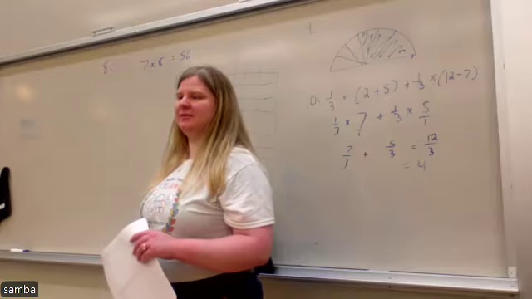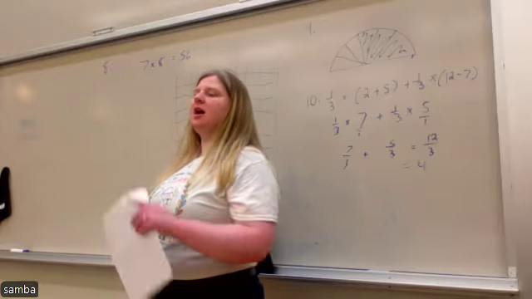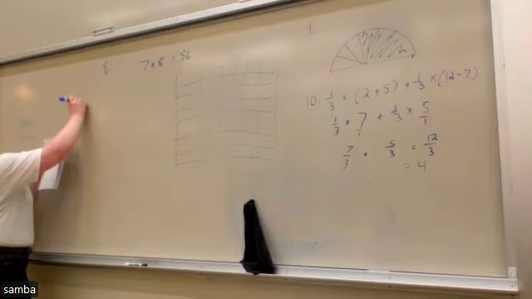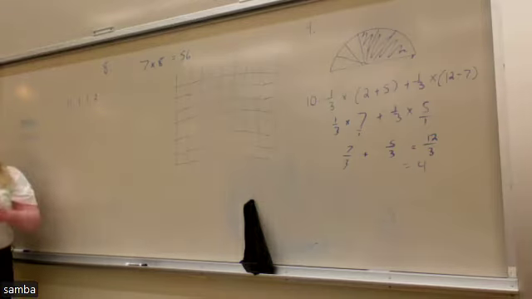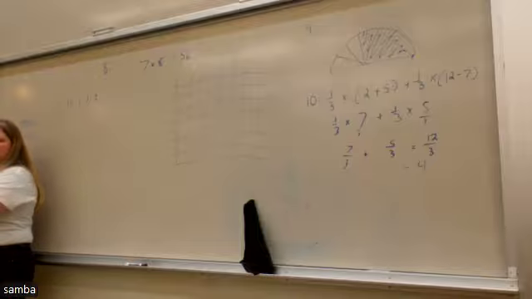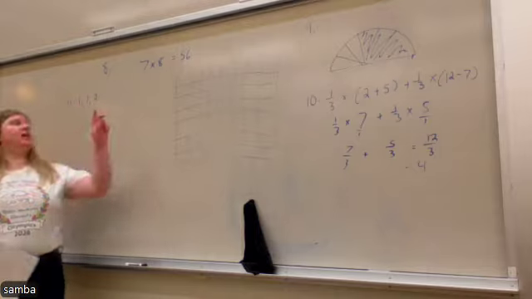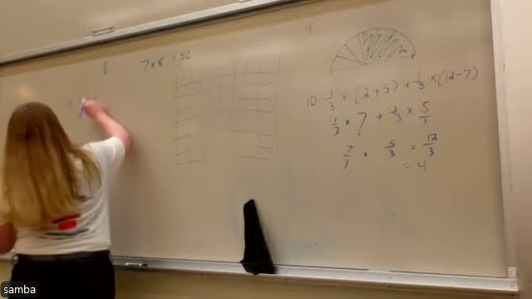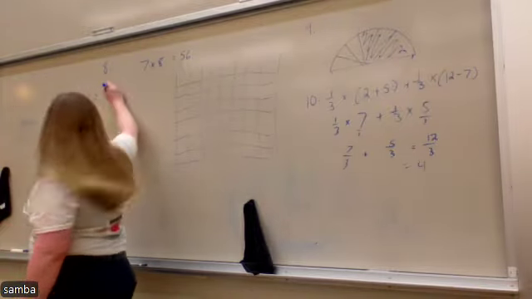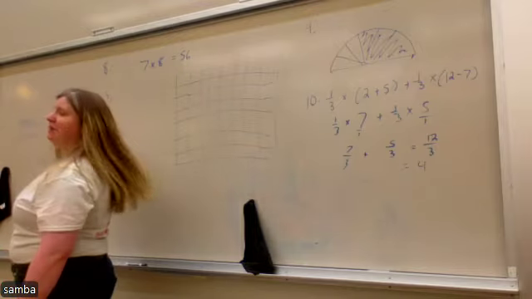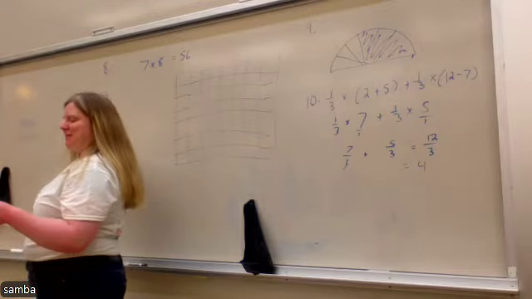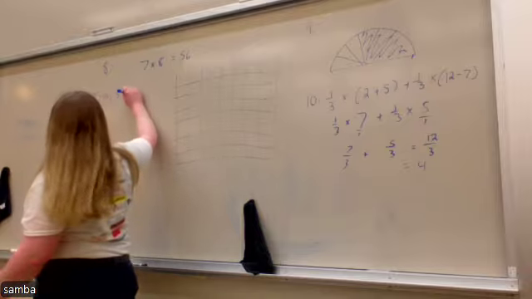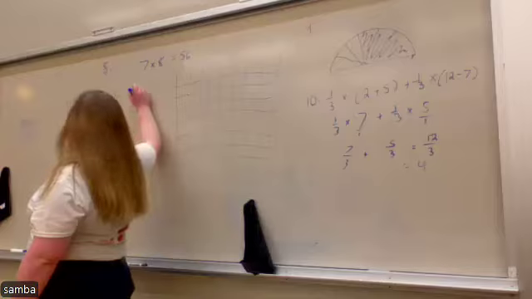Fibonacci numbers, not quite. So the pattern was 1, 1, 2. You start with two 1s because then you add them up to get 2. And then the next thing, you add the 2 and the 1 to get 3. Add the 3 and the 2 to get 5. 5 and 3 gets 8. 8 and 5 is 13.